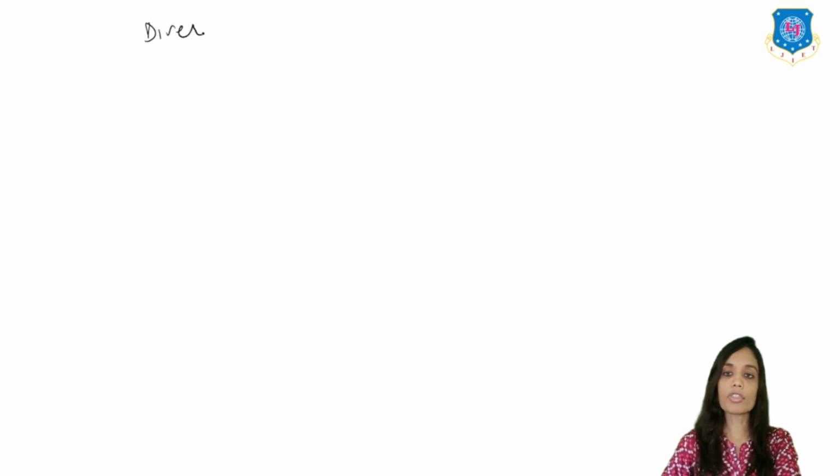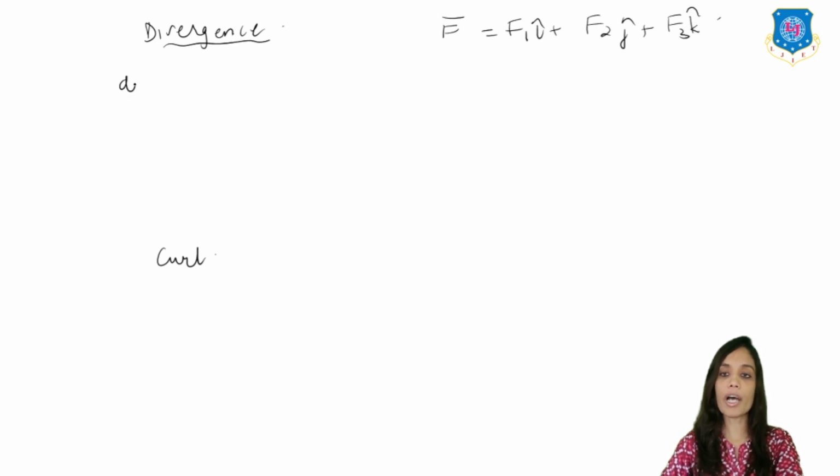Okay. So today we have studied a total of 2 topics. One is divergence and the other is curl. So if you are given a vector field f bar that is equal to f1 i cap plus f2 j cap plus f3 k cap, then divergence of f bar is given by del f1 upon del x plus del f2 upon del y plus del f3 upon del z.